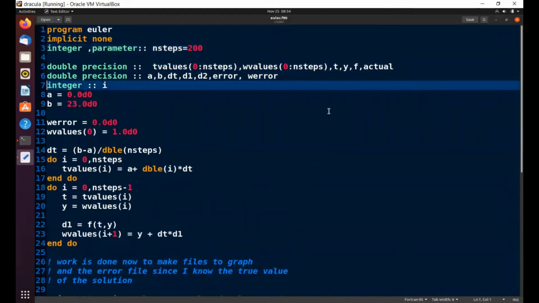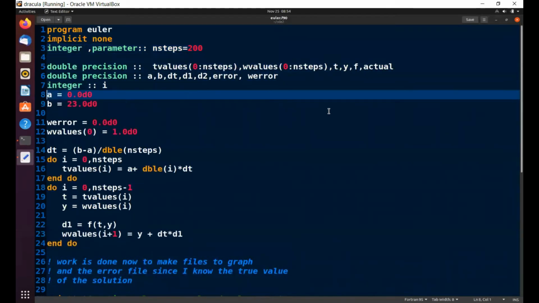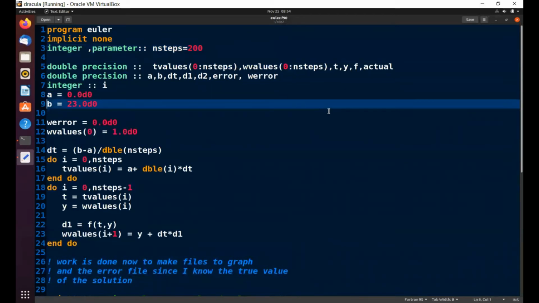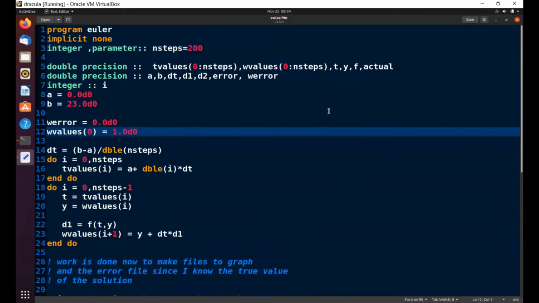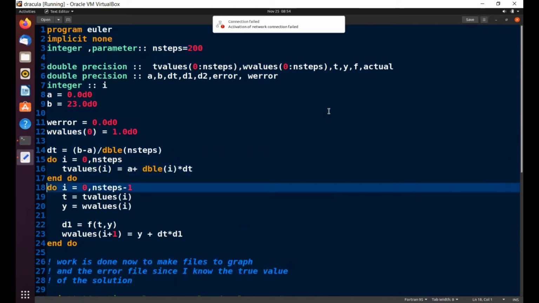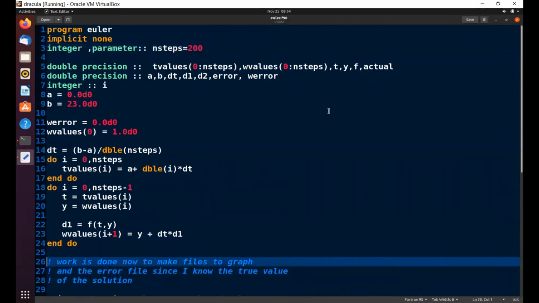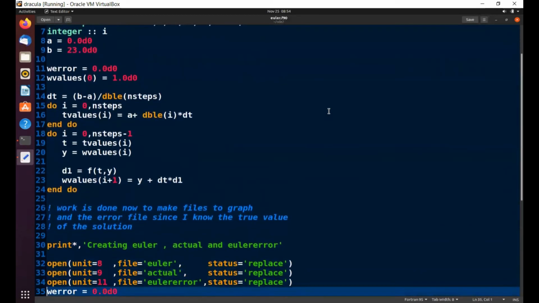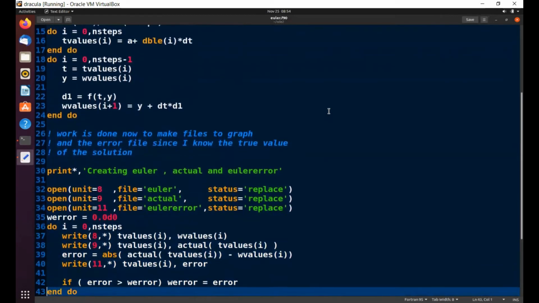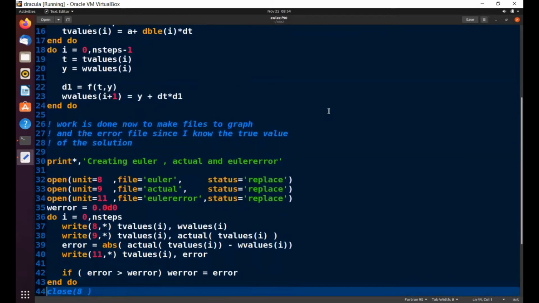We have all the usual declarations. This time a is 0 because that's my starting t value. b is 23. I initialize the first of my y approximations to be 1. Other than that, everything is as usual. So we're just doing the usual Euler method here.